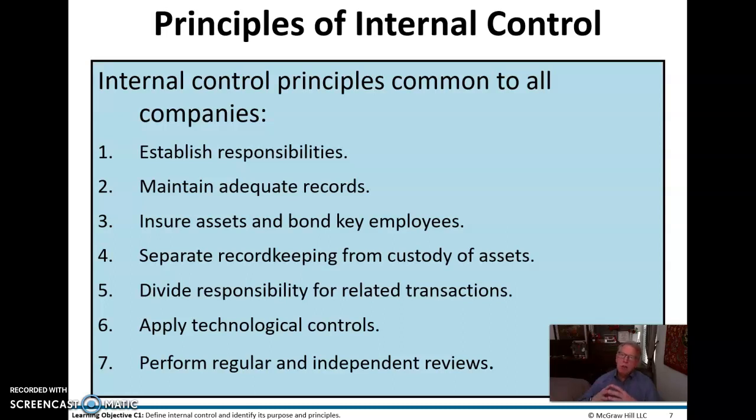So, internal control principles common to all companies. Really important that people know their responsibilities. I've just found in my experience as a CFO that if you don't tell people what you expect, don't be surprised that you don't get what you expect.